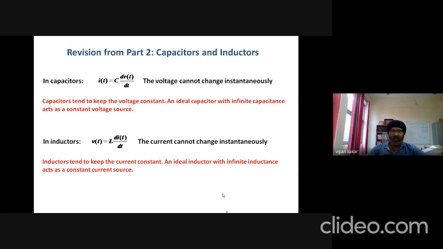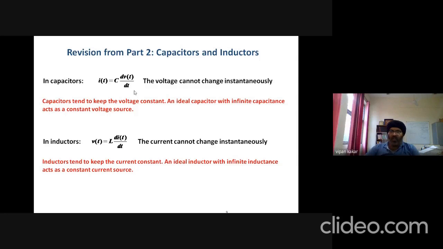Okay, again a revision from part 2: in capacitors, we see the relation between voltage, energy and current. This is the current over here in the capacitance. From here we can say, with dV by dt, that the voltage cannot change instantaneously. These concepts we will be using in converter circuits.